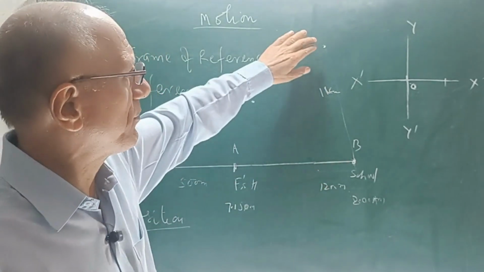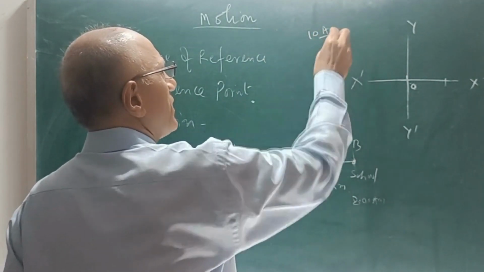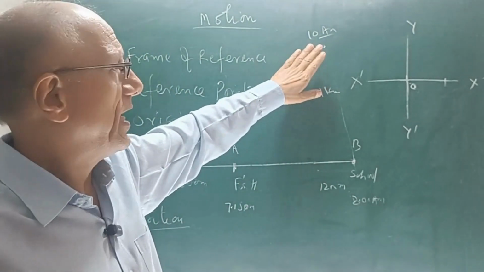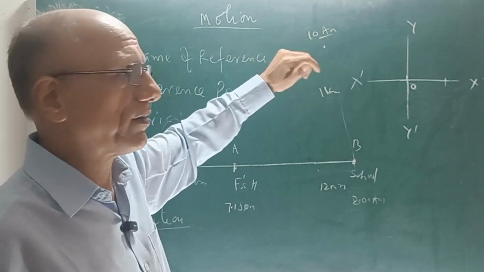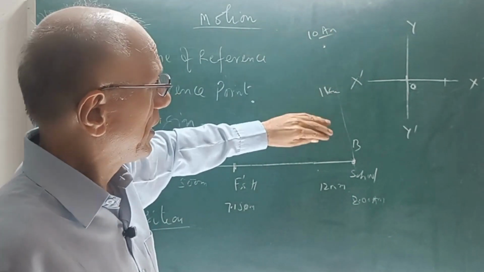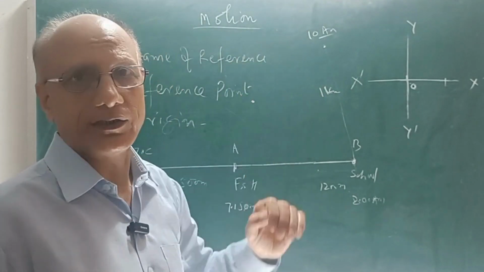Now at that time, suppose at 10 a.m. you are going to participate in this event, at the venue, maybe a school, maybe any other auditorium, whatever it is. So at that time your position will be 1 kilometer.